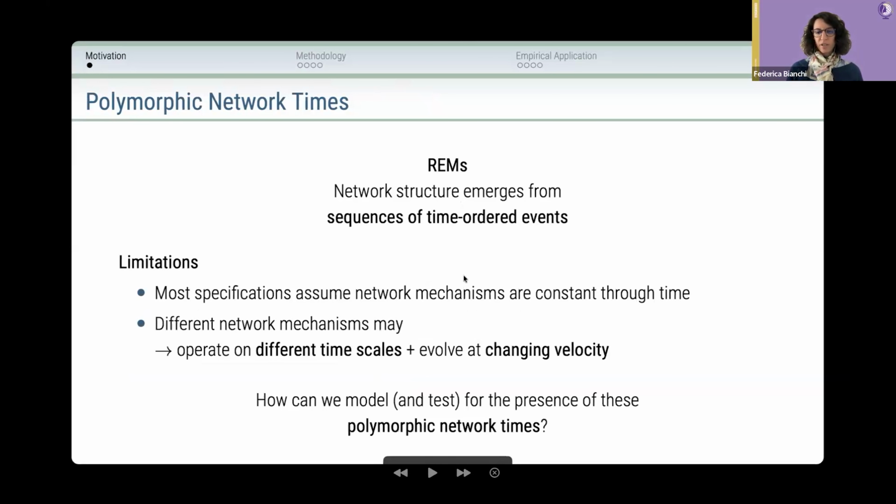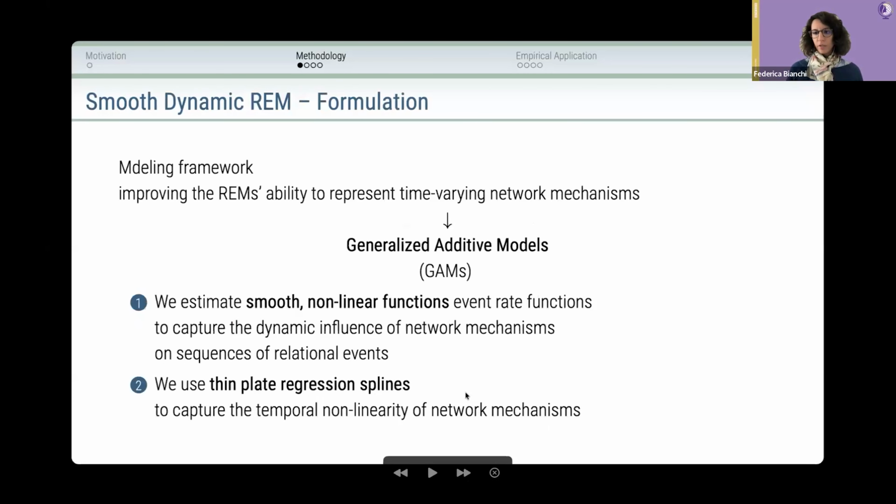So this work challenges this assumption, and the research question we ask ourselves is how we can model and test for the presence of what we call polymorphic network times. Thanks to the introduction by Martina, I can slightly speed up on these technicalities. To do that, we rely on the apparatus provided by generalized additive models to keep track of these temporal components of network mechanisms.